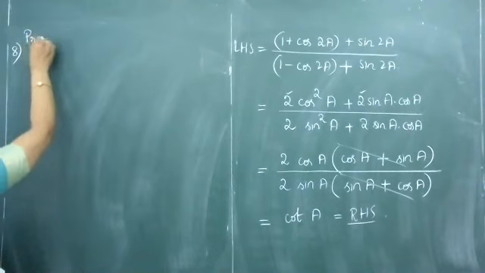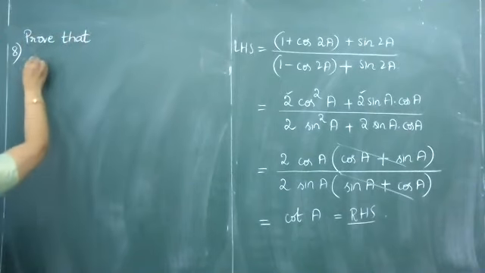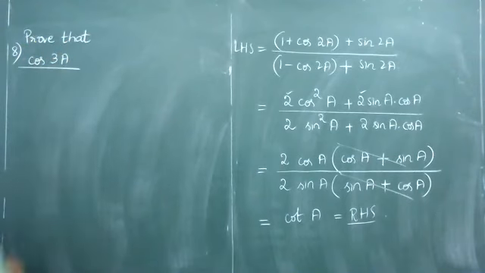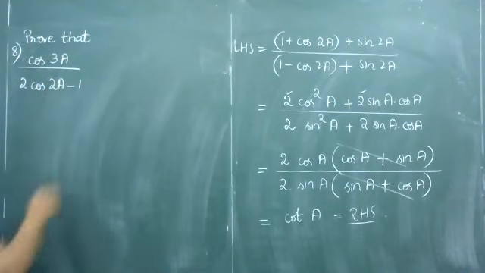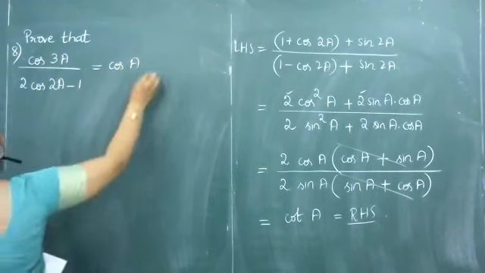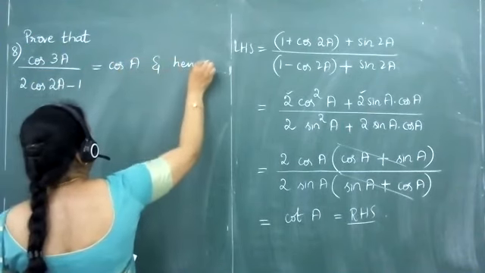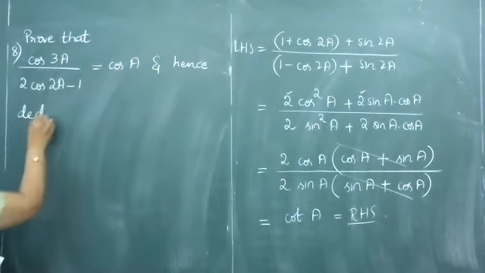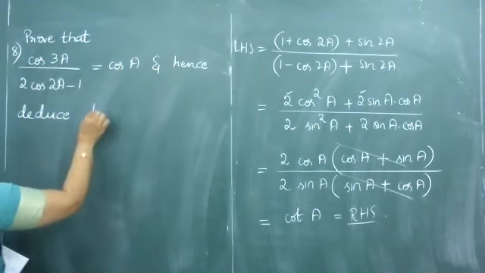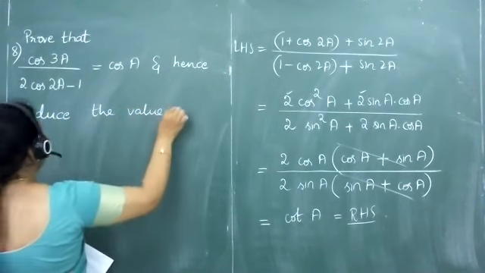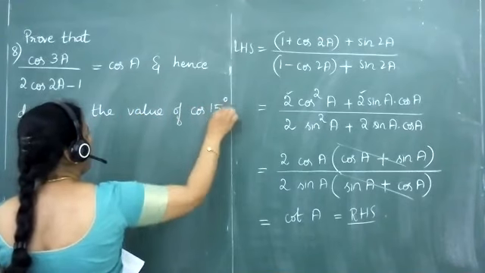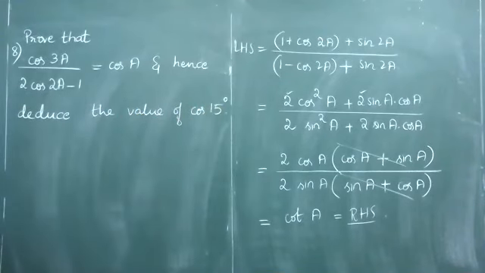Prove that cos 3a divided by 2 cos 2a minus 1 is equal to cos a, and hence deduce the value of cos 15 degrees.